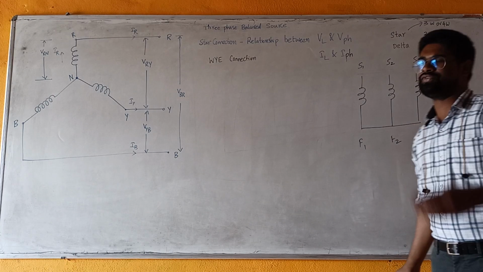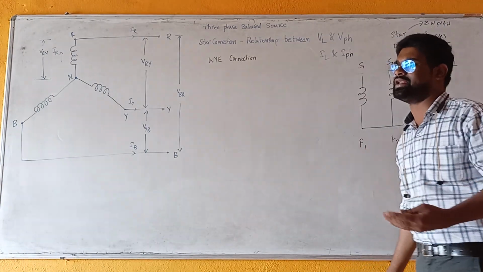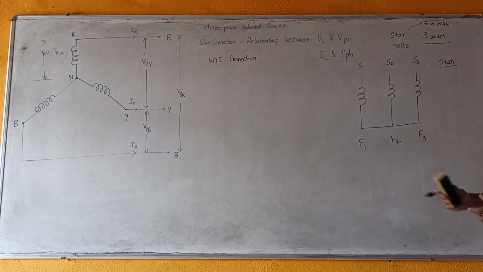Any number of phases and any number of windings can be used in a star type of system. In polyphase systems, we use the word star type of connection.